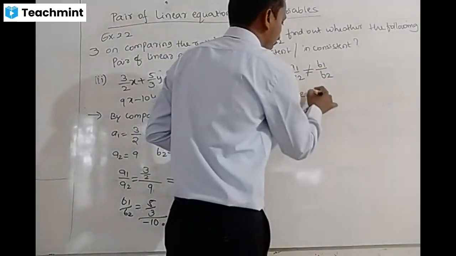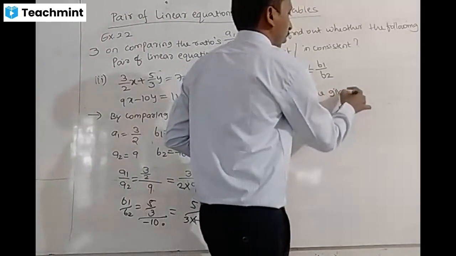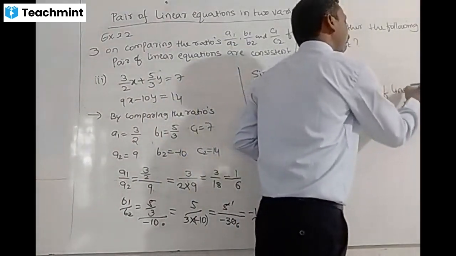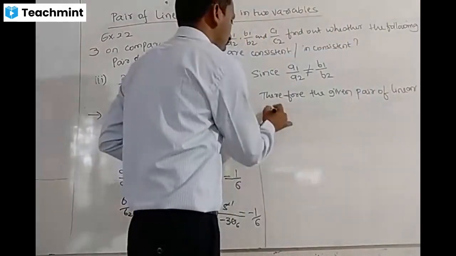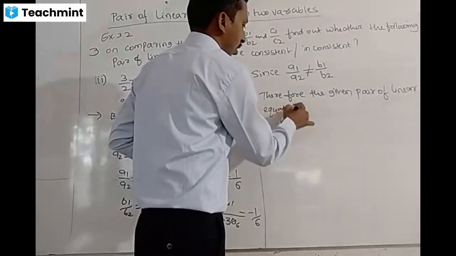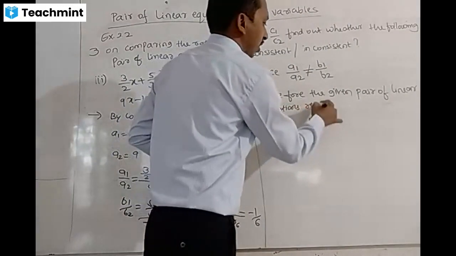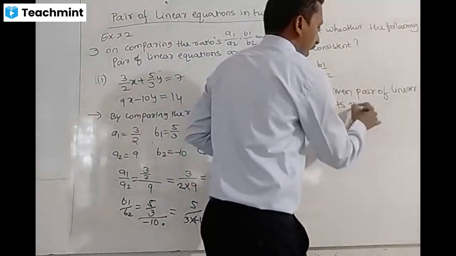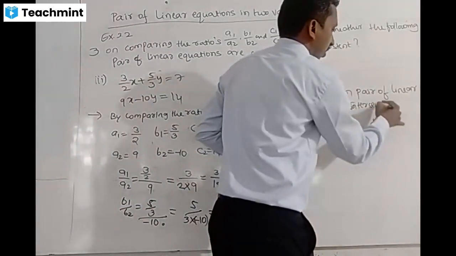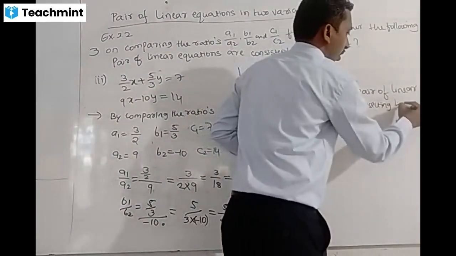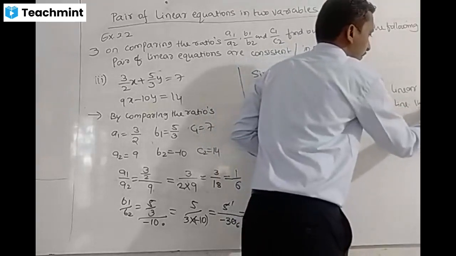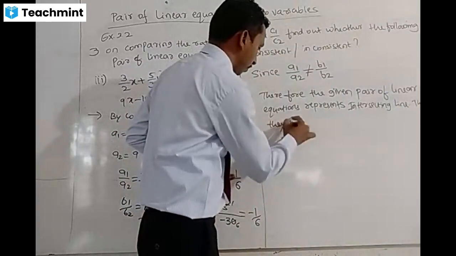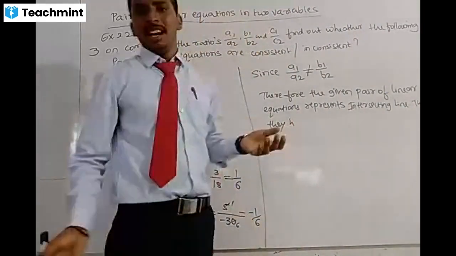Therefore, the given pair of linear equations represents intersecting lines. Thus, they have a unique solution, or it has one solution.